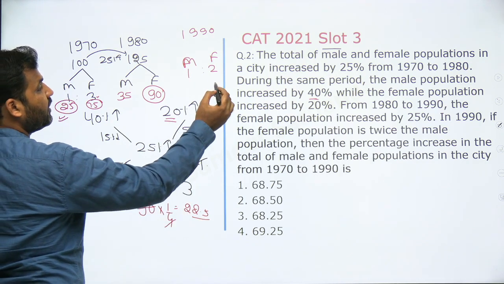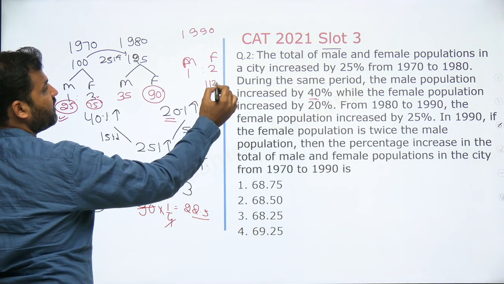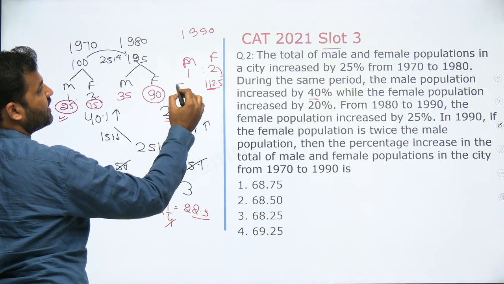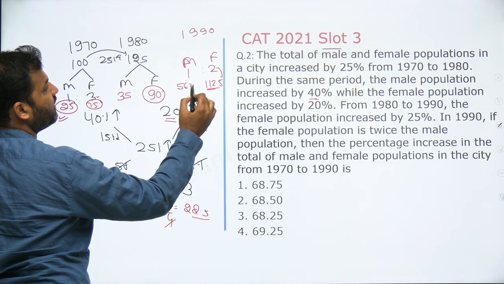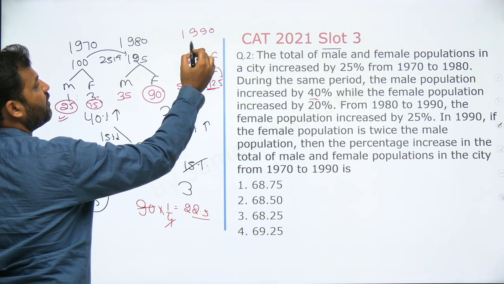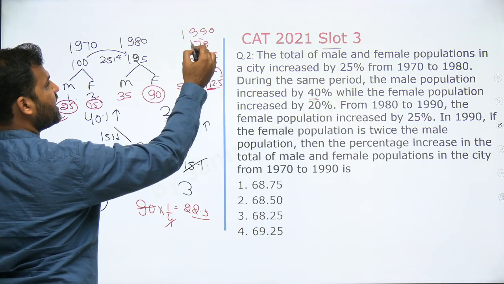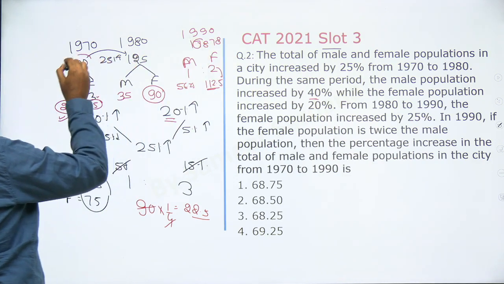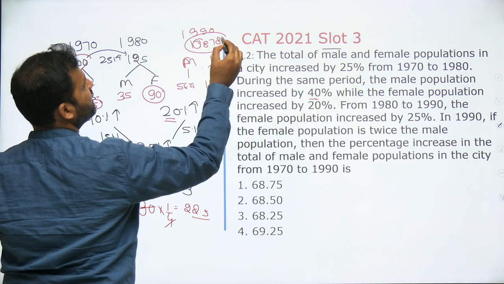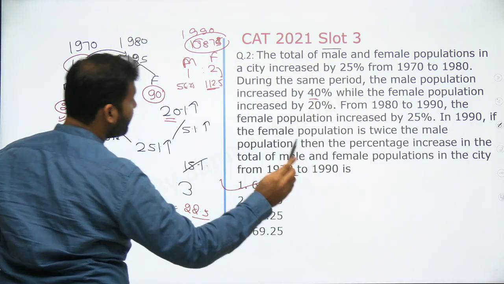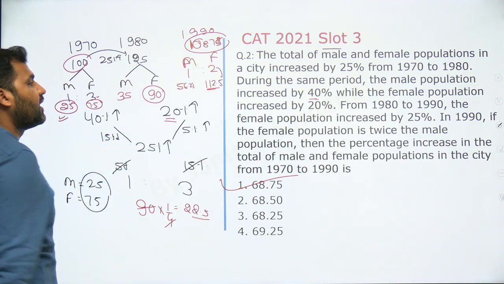So female population here would be 112.5, and because female population is twice, 2 के सामने ये तो 1 के सामने it would be 56.25. So total population here would be 168.75. So total population यहाँ 100 था, total population यहाँ 168.75. So increment here you can see is 68.75%, and this is the correct answer to the question.